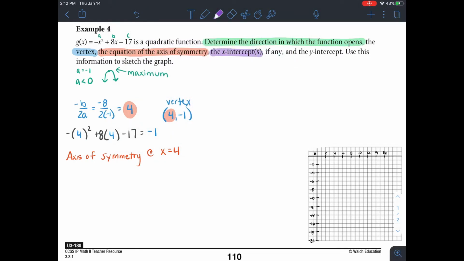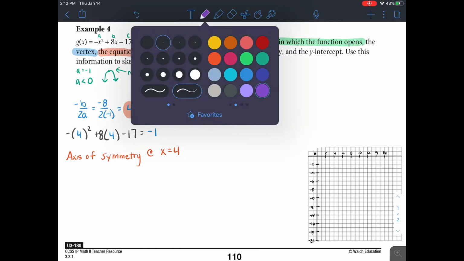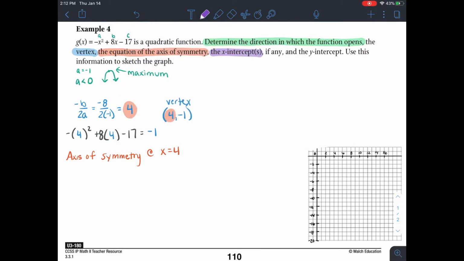Next piece, it says to find our x-intercepts. Those are what we've been solving for the last few days using the quadratic formula. So we're going to use the quadratic formula again. In order to find our x-intercepts, we take the quadratic formula: -b plus or minus the square root of b squared minus 4ac, all over 2a.